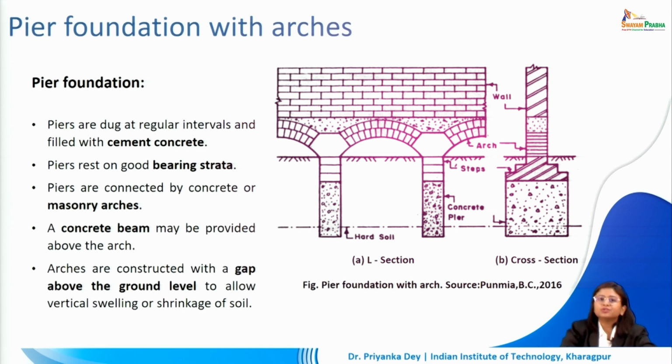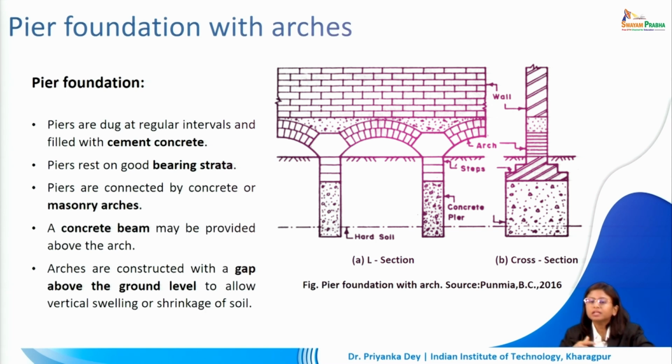So the piers are dug at regular intervals and filled with cement concrete. We will ensure that this pier actually reaches the strata of soil which has a good bearing strength. So we are going to go as deep as necessary to reach the bearing strata, anchor our building with the help of these piers at that level, and above this start building our structure.